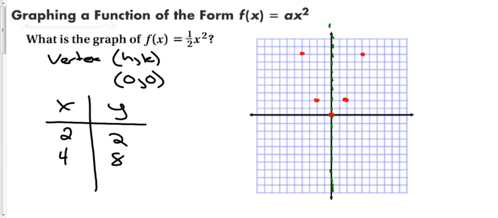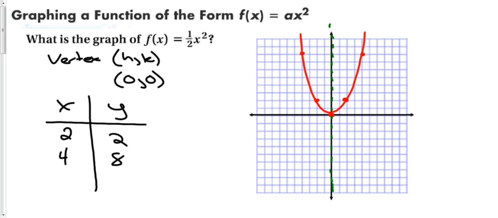If I don't want to do that, I could, of course, plot some negative numbers, plot the same points, but I know I'm going to get the same answers. If I plot -2, I'm going to get 2 again, because when I square -2, it turns positive. And now that I have my points, now I can draw a nice, smooth curve. And there's the graph of my function.